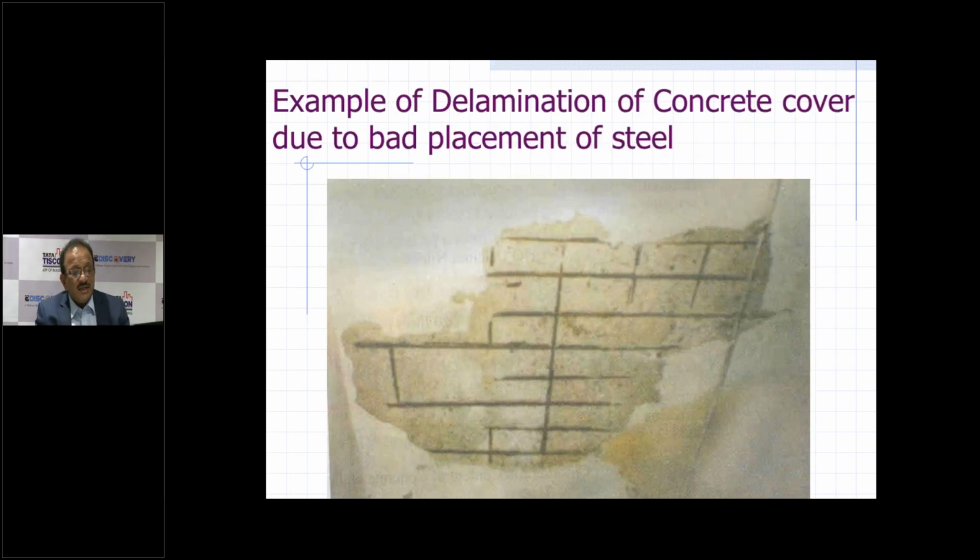You can see in this slide, this is a very good example of delamination of concrete due to bad placement of steel, number one. Number two, the cover blocks were perhaps not provided properly. The cover was not provided as per the drawing. You can see here, there is hardly any cover provided to the steel. Steel is directly exposed, it is corroded, and it has thrown away even the plaster that has been put on the slab.